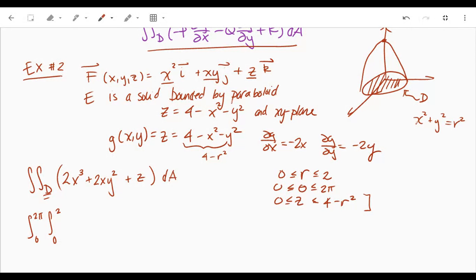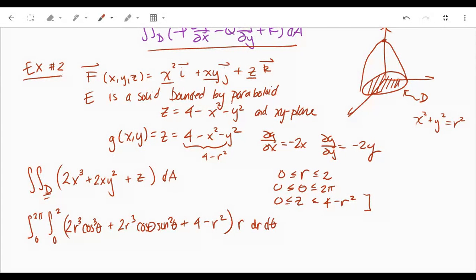So we'd have 2r cubed cosine cubed theta plus 2r cubed cosine theta sine squared theta. And then z, remember z is 4 minus r squared. And then since we're switching from x's and y's, we've got your r dr d theta.